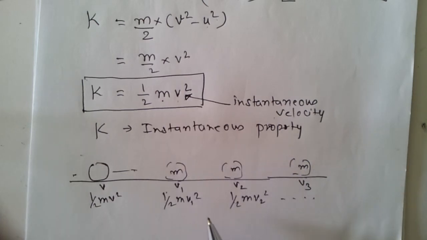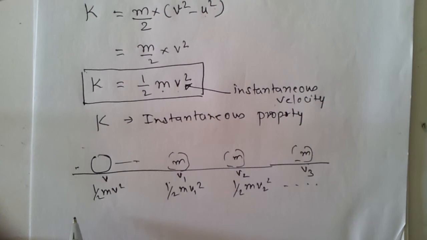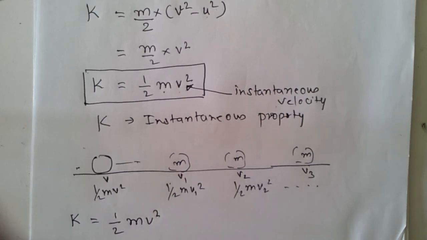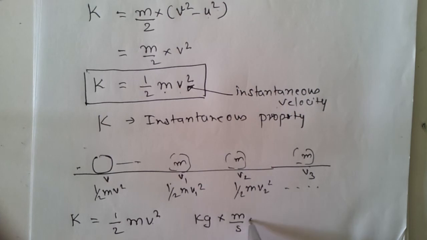I hope you got some idea about what kinetic energy is, and that K is equal to half mv square. In the last minute or so, we'll try to find out the unit of kinetic energy and check whether it turns out to be the unit of energy or not. Half mv square. The unit of mass is kilogram, and the unit of velocity square will be meter per second into meter per second.